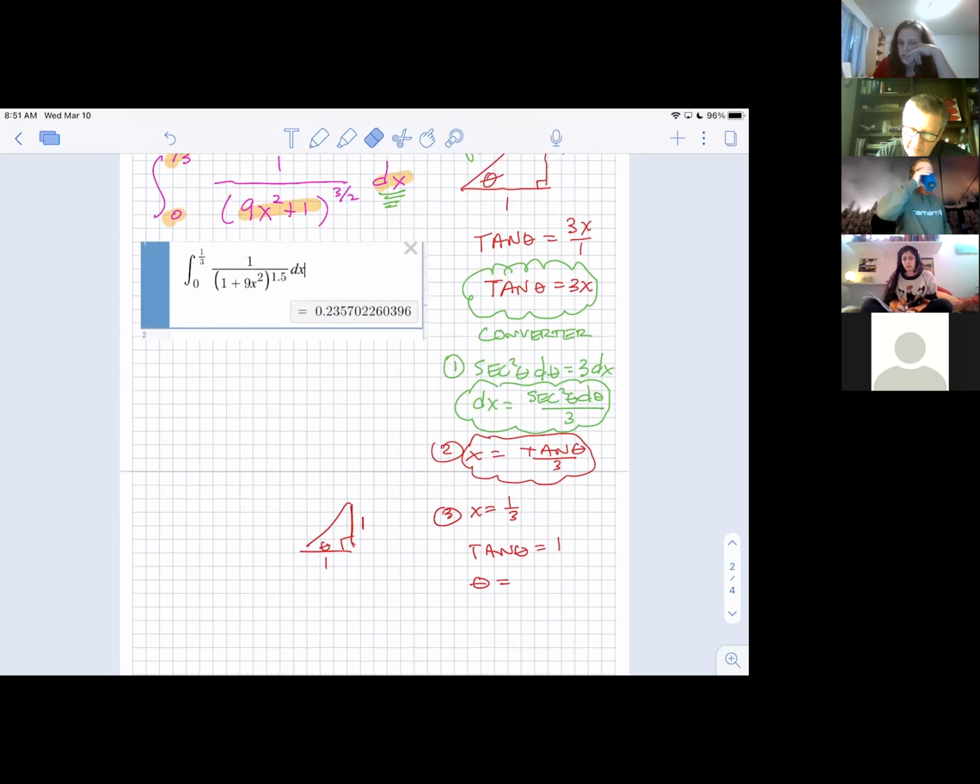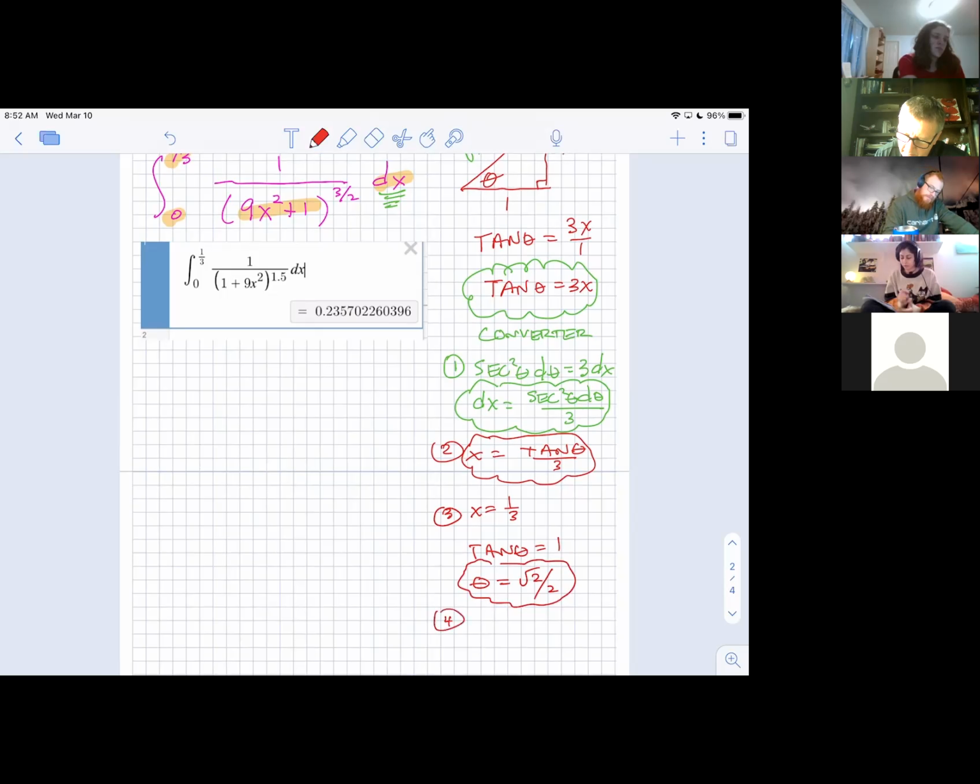I don't know if the book is asking me for an exact answer for this, so I'm going to give the radian answer. So I see why they picked a third now. I was thinking, why would you pick some weird number like a third? I would have picked like 5, and that would have seemed nice, but then it would have ended up terrible. And then there's another conversion that I need.